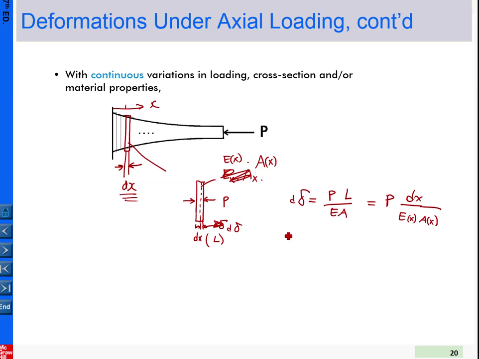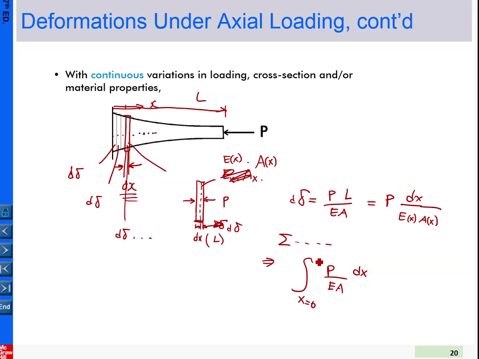Here if we take the summation of all the pieces together, for this piece we have the delta, for the second piece we have the d delta, and for this one we have a d delta, etc. So we take the summation of everything together, and then when we approach dx, the width going to 0, basically the whole thing is going to convert into an integral, and the integral is P dx over E A as functions of x, and the domain is from x equal to 0 to the whole length L. So that will give us the total deformation here.